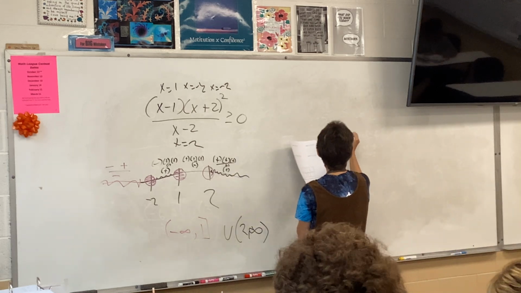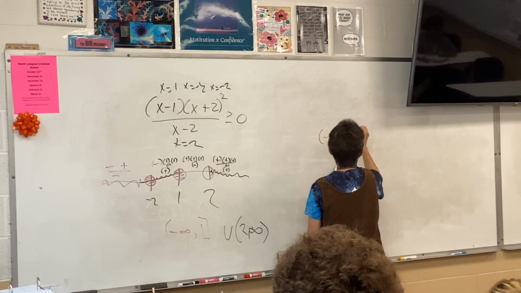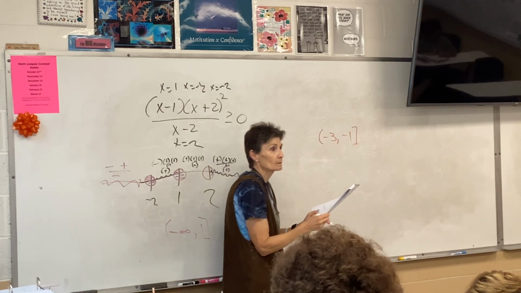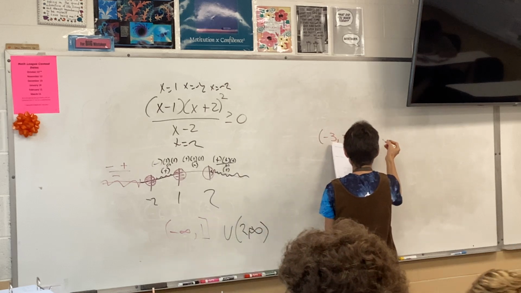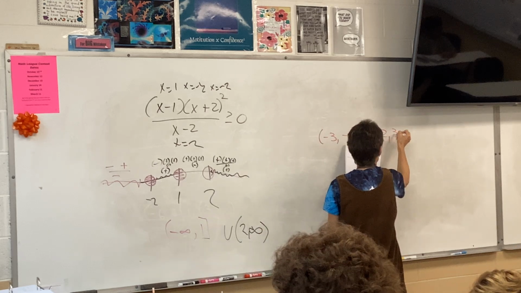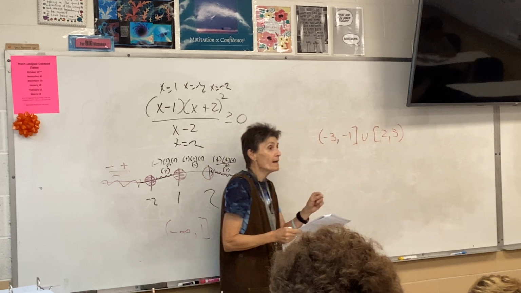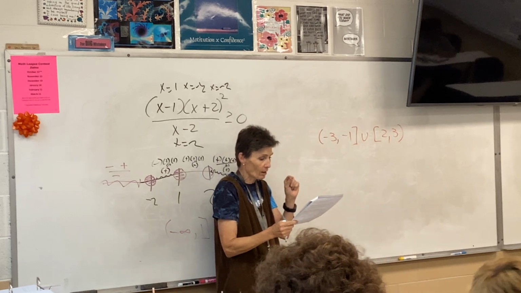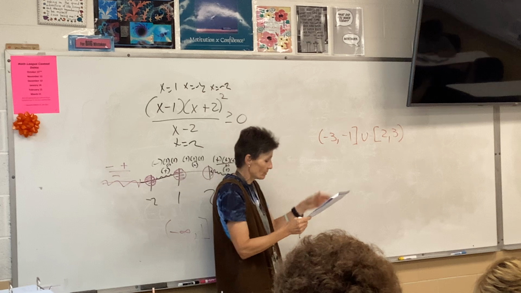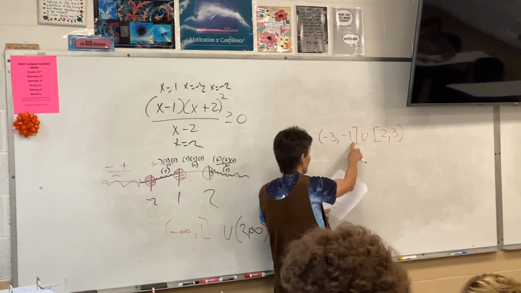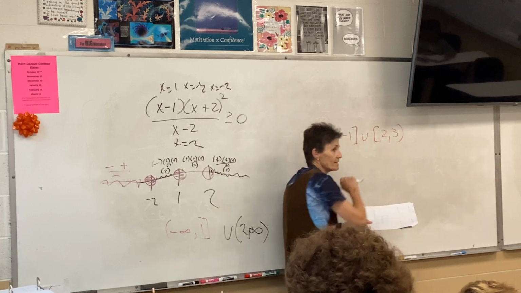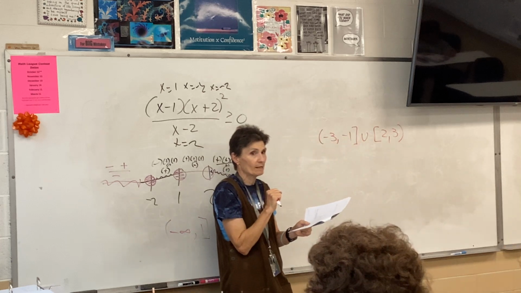Negative 3 to negative 1, or from 2 to 3? Now, why are there brackets on the 2 and the negative 1, but there are parentheses on the 3 and the negative 3?